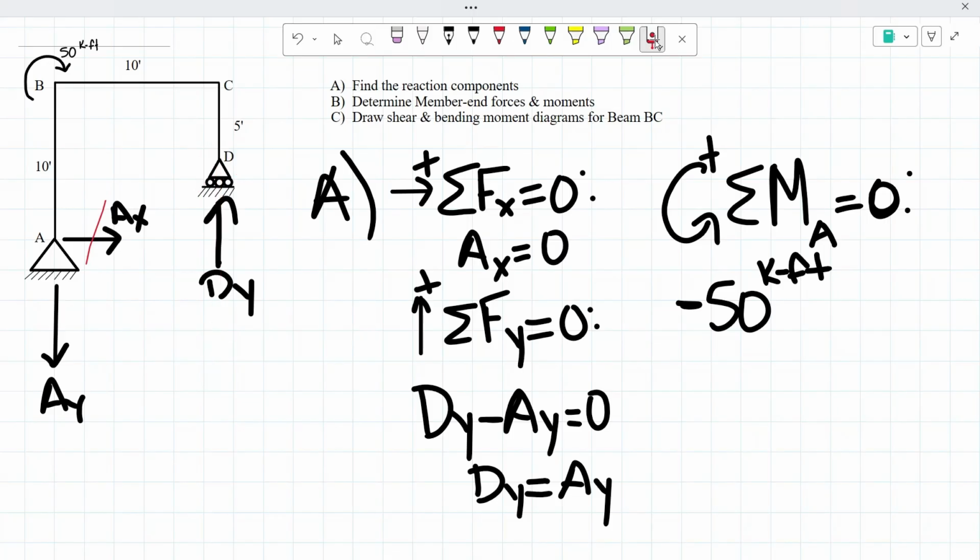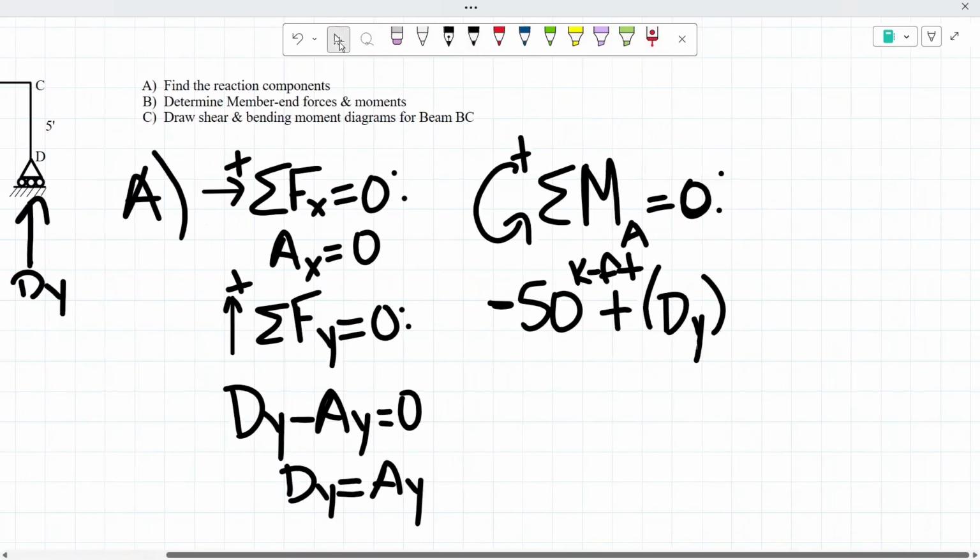So we have a positive force, which is D of y, that we're trying to solve for. And then the distance is 10 feet because this is a vertical force, so we have to shift it that way so it could align with point A. So times 10 feet.